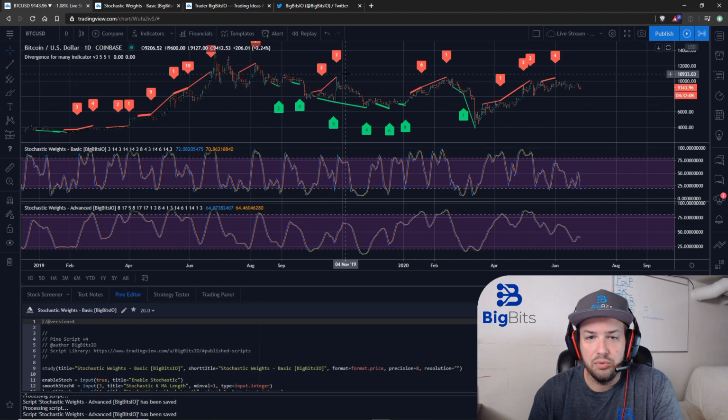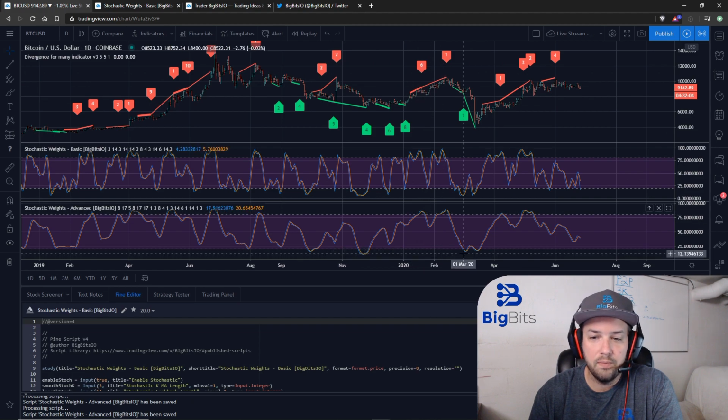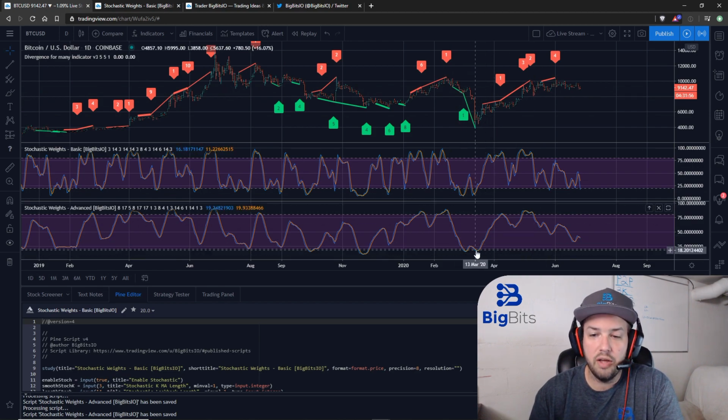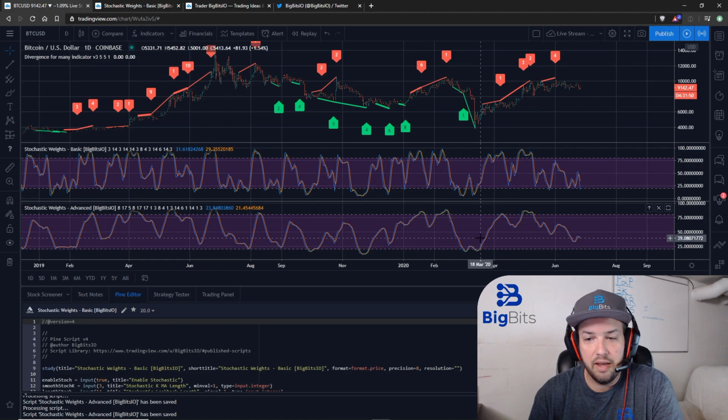I'm actually going to try to have them plotted on the stochastic weights to show you when the price has moved down and stochastic weights have moved up and it finds a divergence. Hopefully it'll plot it on here, and we'll also get some alerts on that as well. So that's the goal with the Stochastic Weights Advanced indicator. I think it holds a lot more promise than the other ones, but we shall see.